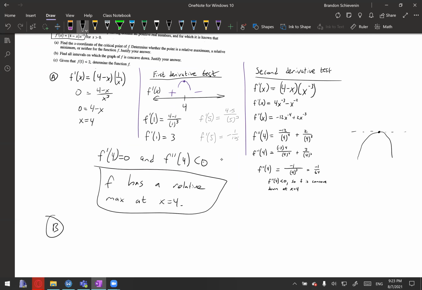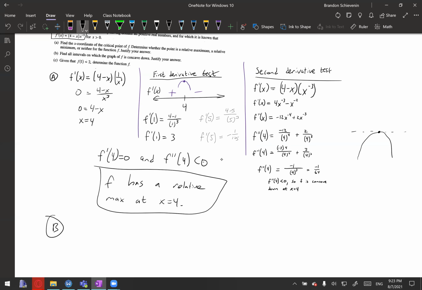Find all intervals where the graph is concave down and justify your answer. Okay, if f is concave down, what has to be true in B? The second derivative is negative.